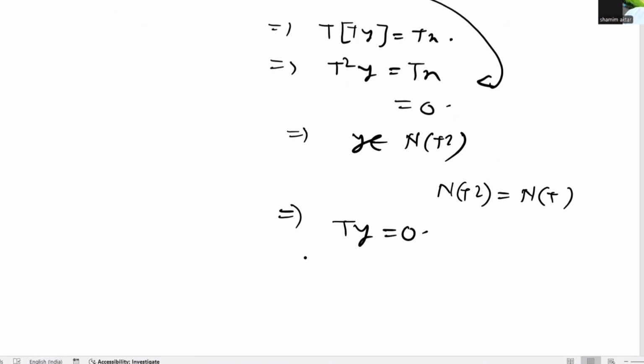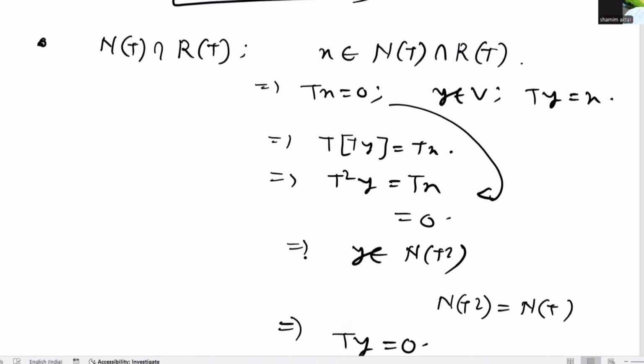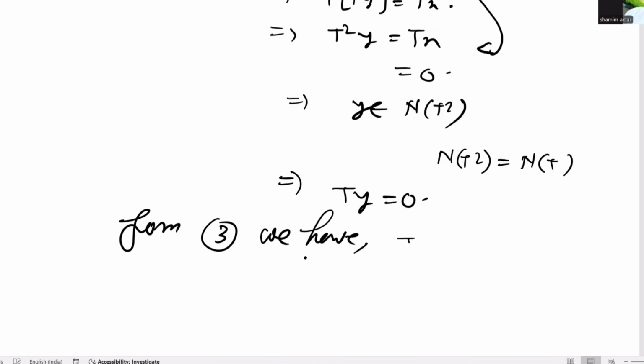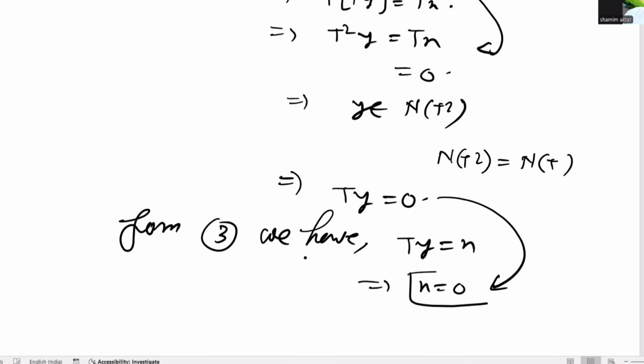So from equation number 3, T of y equals x, that is x equals 0.